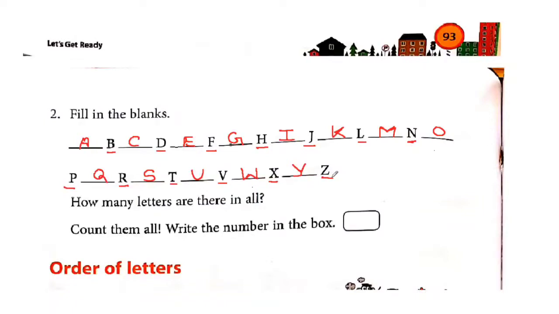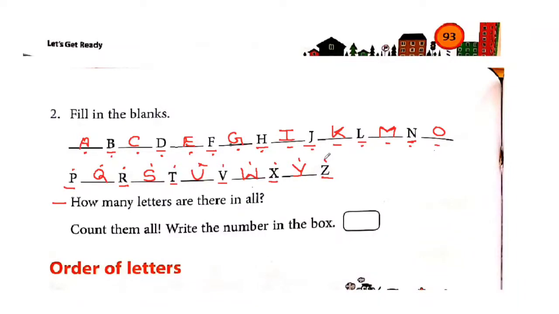There is a question given to you. How many letters are there in all? How many letters are there in the whole A to Z that you have written? So let's count. 1, 2, 3, 4, 5, 6, 7, 8, 9, 10, 11, 12, 13, 14, 15, 16, 17, 18, 19, 20, 21, 22, 23, 24, 25 and 26.